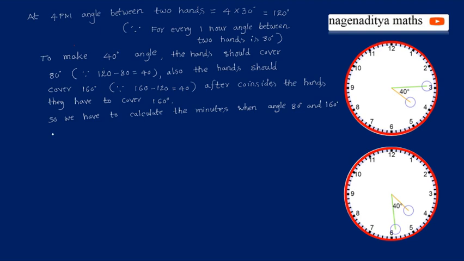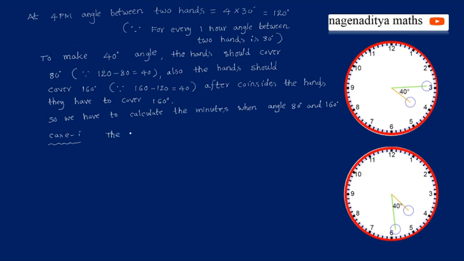Case 1. To cover an 80 degrees angle with both hands, we use the relative speed formula.